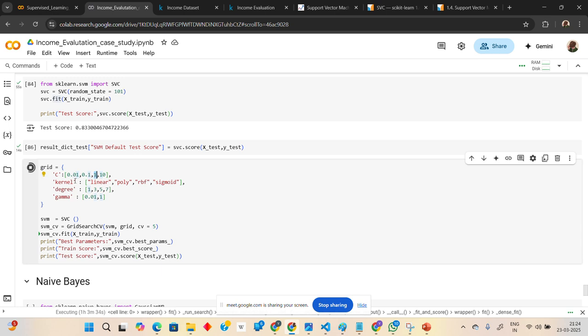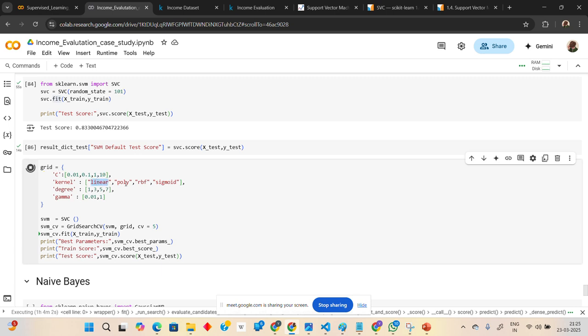It is simply dividing by 100, then dividing by 10, then 1, then multiplying by 10. It is a factor of 10. You can see 10 power minus 2, 10 power minus 1, which is 10 by 10, this is 1, and then multiplying by 10. The factor is increasing like that.